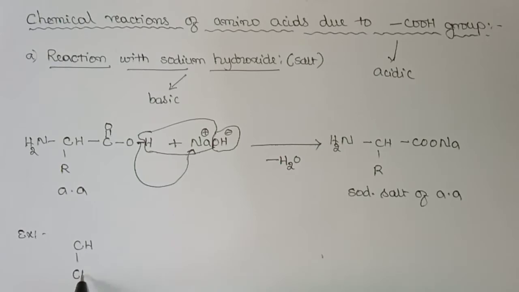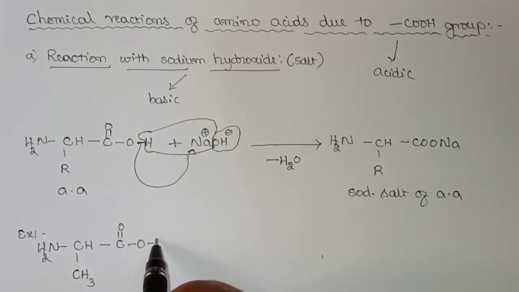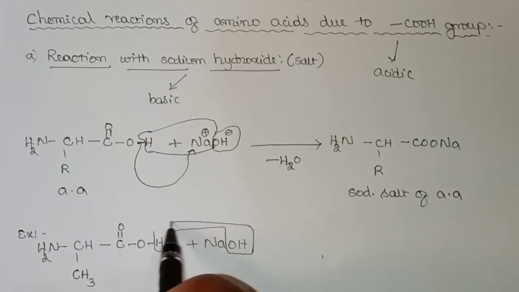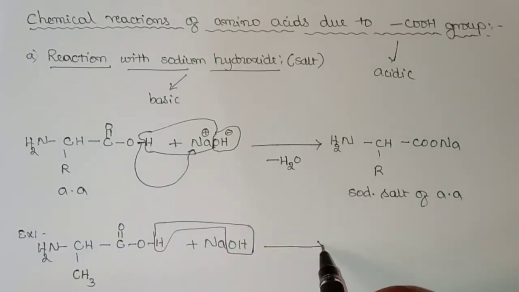CH, at the side chain there will be CH3, and one functional group is NH2 and the other one is the carboxylic group, that is COOH. When you react this alanine with sodium hydroxide, this hydrogen will combine with this OH, and that results in the elimination of H2O.